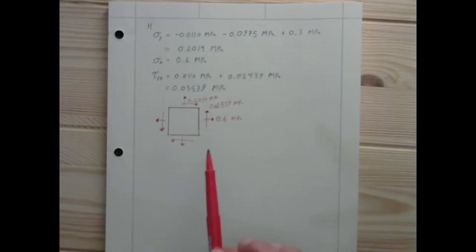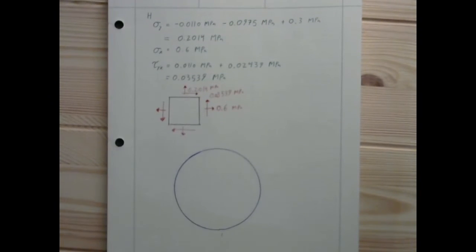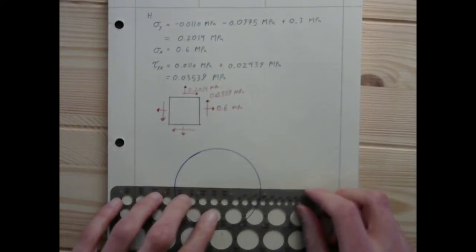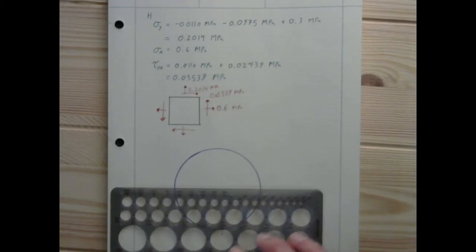Let's use Mohr's circle to determine our maximum in-plane shear stress and our principal stresses. Let's draw the axes in. I traced a circle using a glass. I didn't put the axes on.